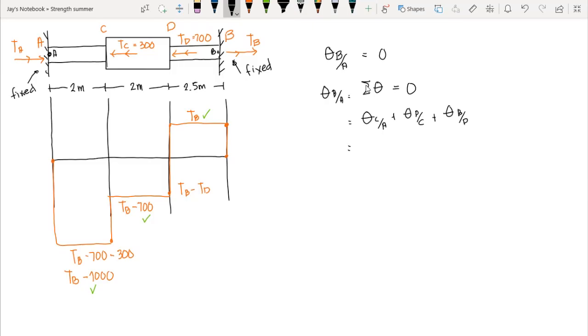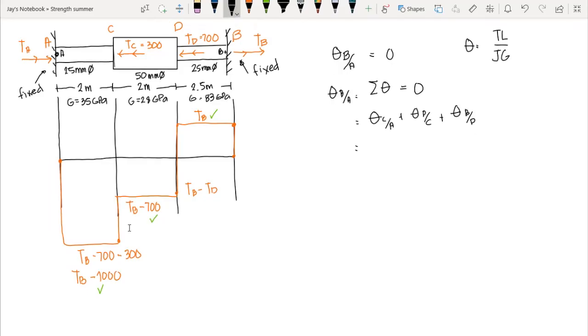The angle of twist formula is TL over JG, in which T is the internal twisting moment or internal torque, L is the length of the segment, J is the polar moment of inertia, and G is the shear modulus of rigidity.